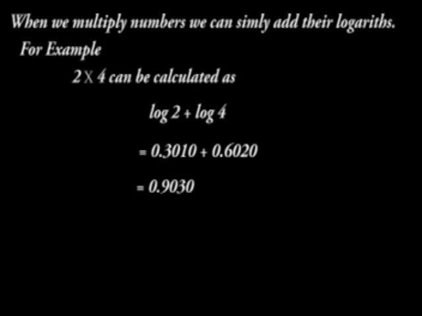Multiplication using logarithms. When we multiply numbers, we simply add their logarithms. For example, 2 times 4 can be calculated as log 2 plus log 4, which is 0.3010 plus 0.6020, giving us 0.9030.